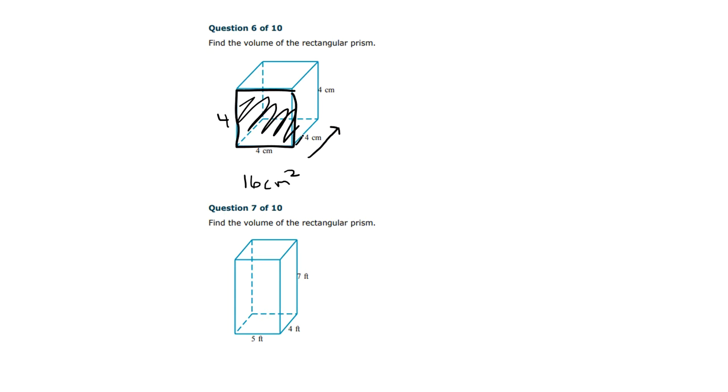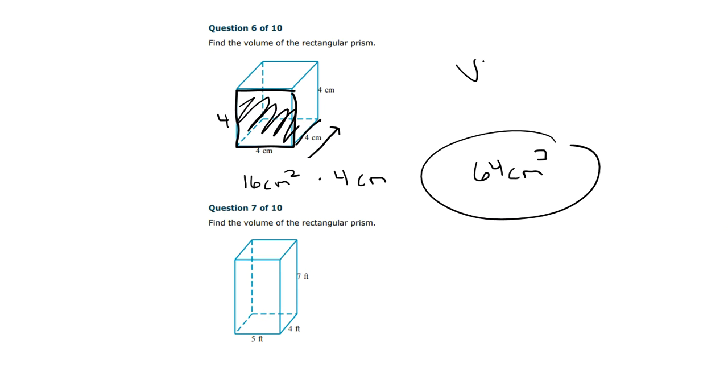And then we are going to multiply that by 4 centimeters to find the volume. And 16 times 4 is 64 centimeters cubed. And again, if we want to use the formula, volume equals length times width times height, 4 times 4 times 4 gives us our 64 centimeters cubed.